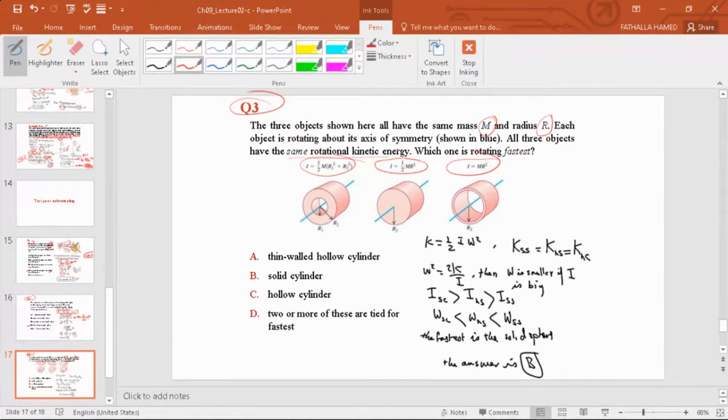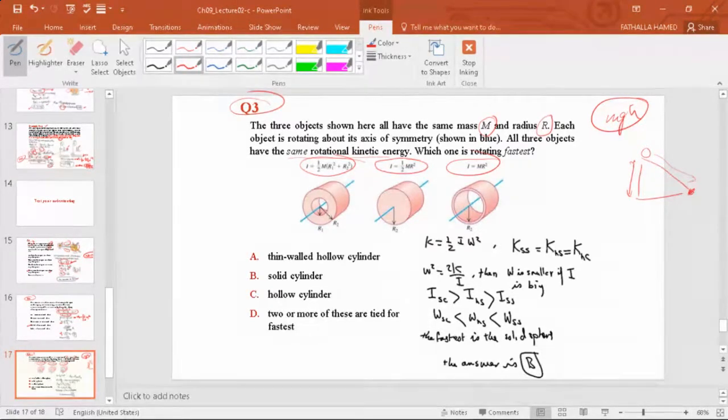Usually, you can have an incline like this, and they all come running down. This is H, so initially you have mgh, so they have the same initial energy, and when they get here, of course, they will have the same kinetic energy. So that's a situation that you can look at.